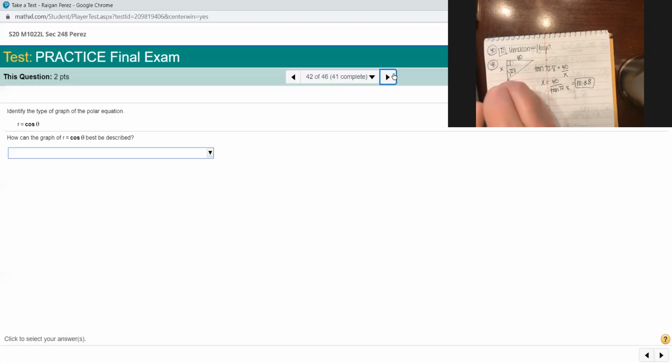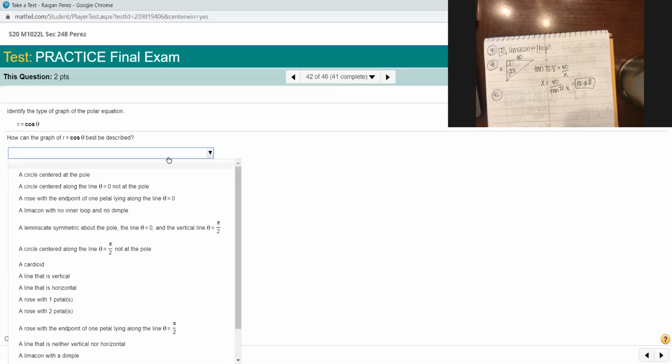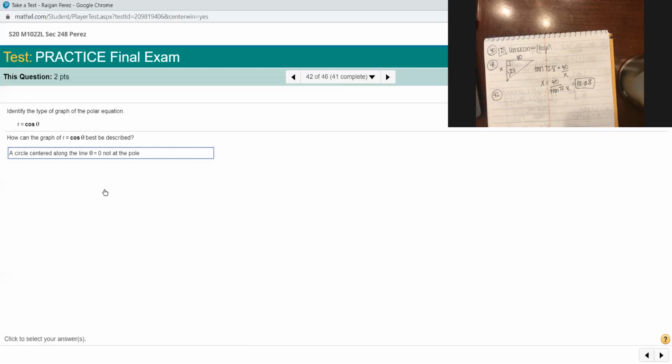Right, 42. Identify the type of graph of the polar equation. So I just got r equals with no adding or subtracting. That means it's a circle. Okay, and because it's cosine, it's a circle centered at the x-axis, which is the line theta equals 0.